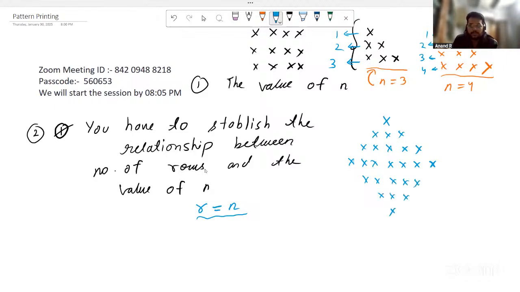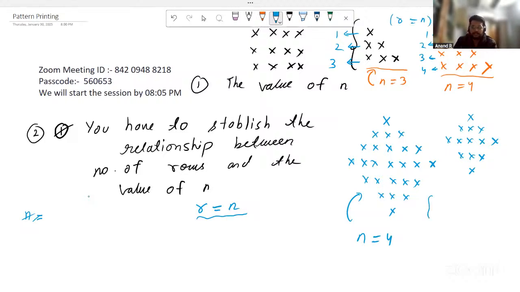Okay. So if n is equal to 4, you have to print something of this sort. And when n is equal to 3, you have to print something of this sort. Can you help me find the relationship between the number of rows and the value of n? If n is equal to 4, over here the relationship was R is equal to n.